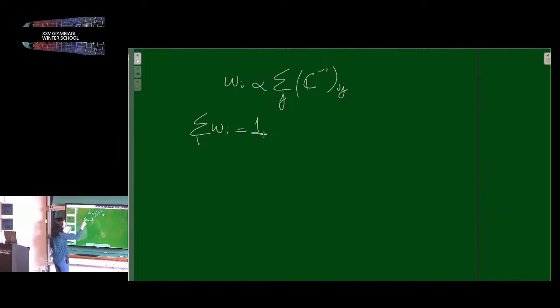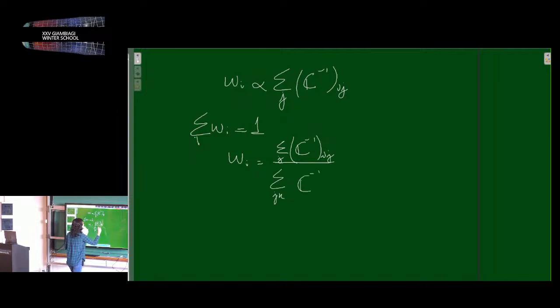So I can just normalize these weights, and write that the weights are equal to the sum over j of C to the minus 1 _ij, where C is the covariance, divided by the sum over j and the sum over k of C to the minus 1 _kj.